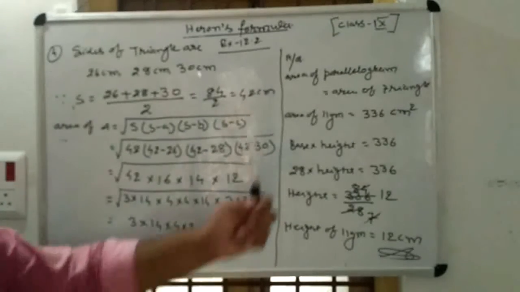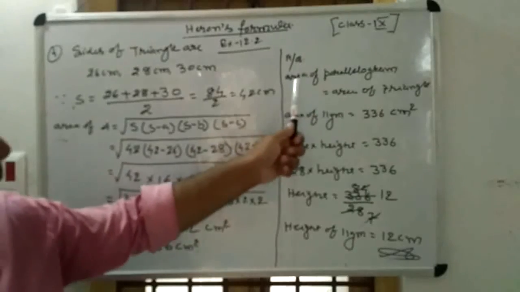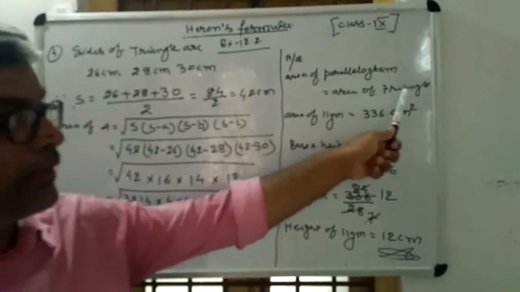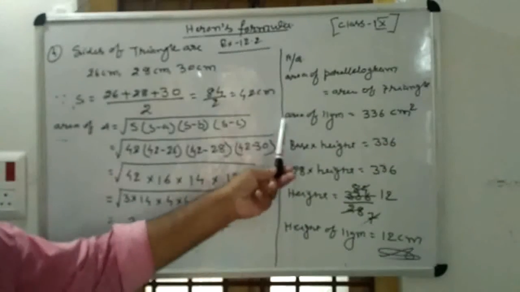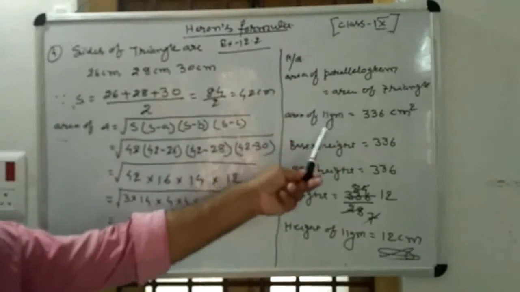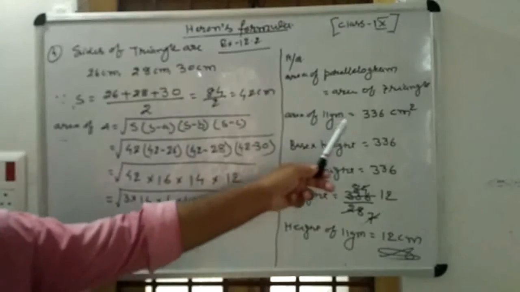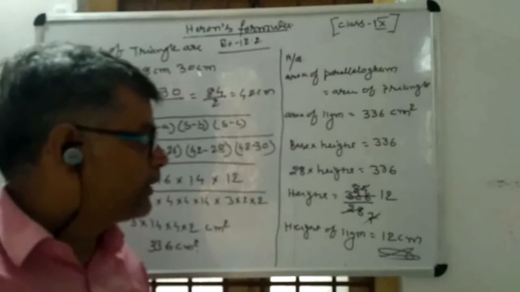And according to the question, the area of the parallelogram is equal to the area of the triangle. So we got the area of the parallelogram. This is the symbol for writing parallelogram, parallel along with GM, 336 centimeter square.